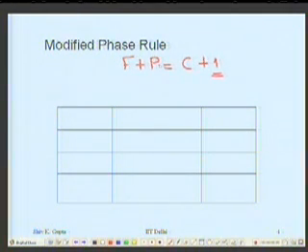The degree of freedom has become 1 less, so that becomes C plus 1. That 2 was coming for pressure and temperature, and I exercised pressure. Right? So it is a modified phase rule.